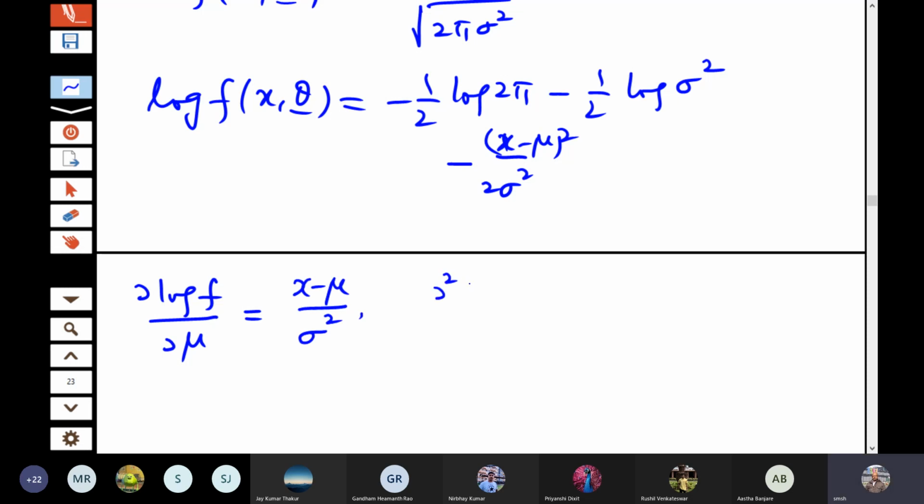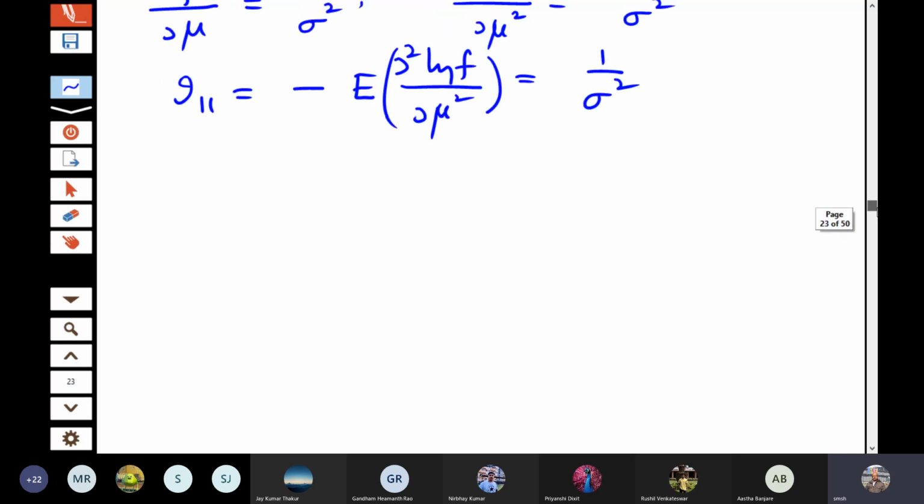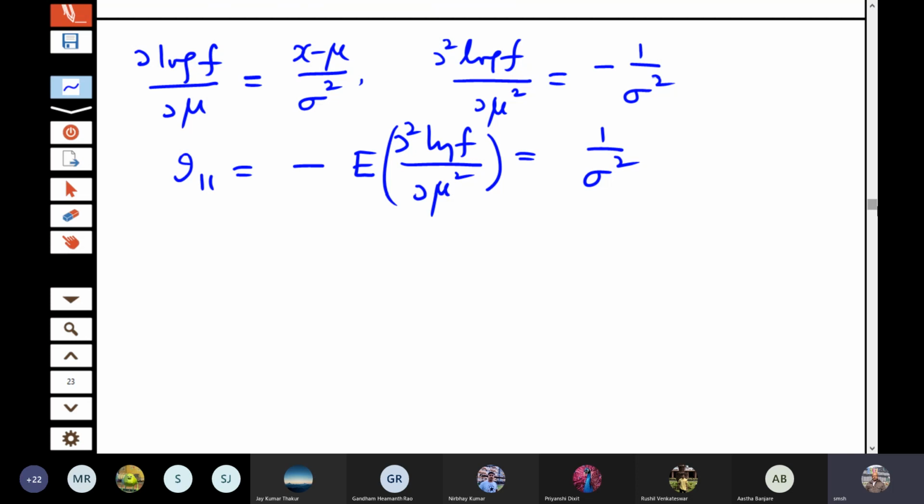And similarly, if I consider the second derivative of this with respect to mu, then that will give me minus 1 by sigma square. So what is I11? That is minus expectation of del 2 log f by del theta 1 square. So here it is mu square. So that is equal to 1 by sigma square. That is the first term of the information matrix that we are able to calculate here.